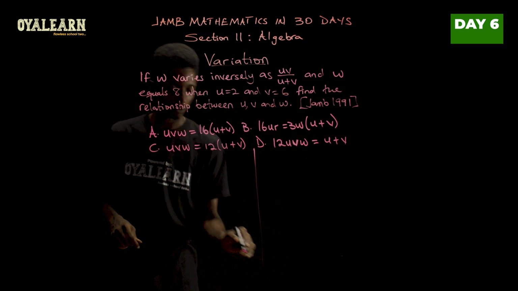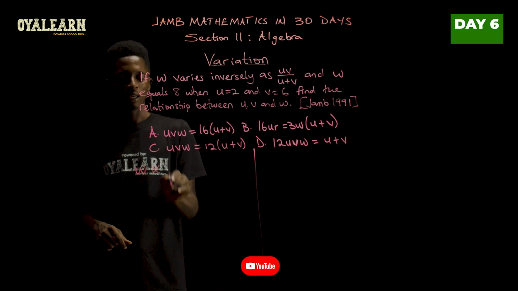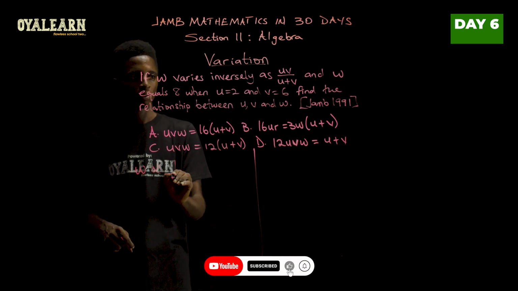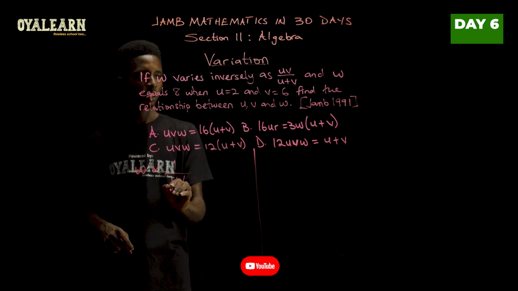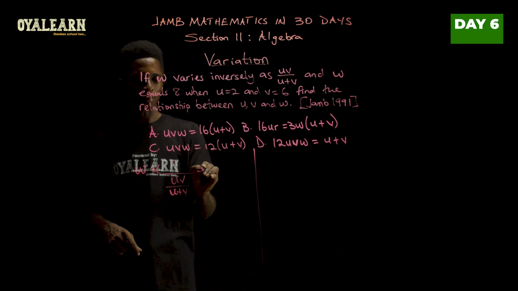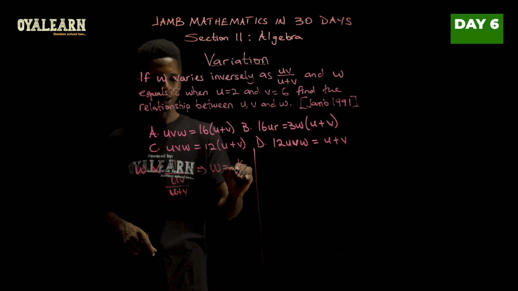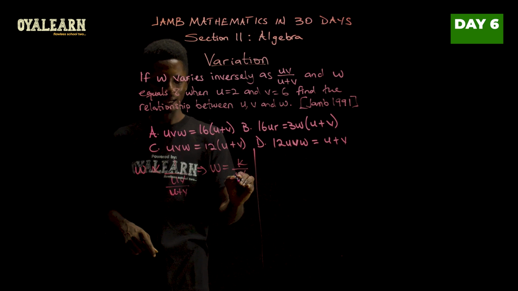So in order to solve this, we'll write the expressions out. W is inversely proportional to uv over u plus v. Now what this implies is that w would become k over uv divided by u plus v.